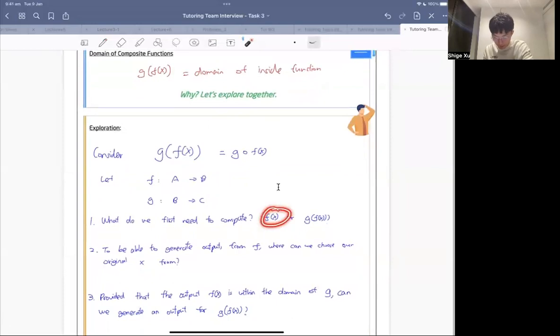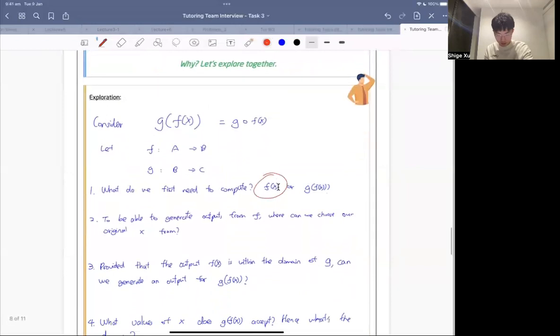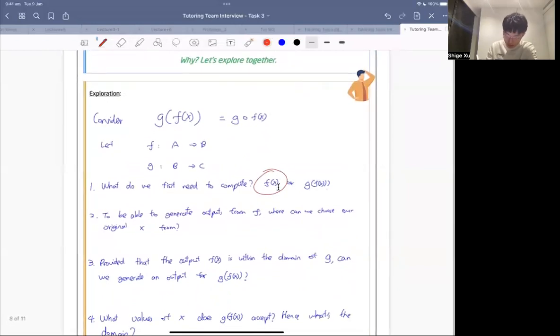Do we do f first or g first? We do f of x first. Now, in order for f of x to make sense, where can we choose our x from? What is the maximal domain of f of x? Well, it's stated here. We go from A to B.